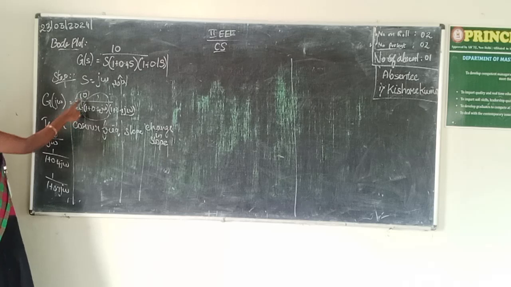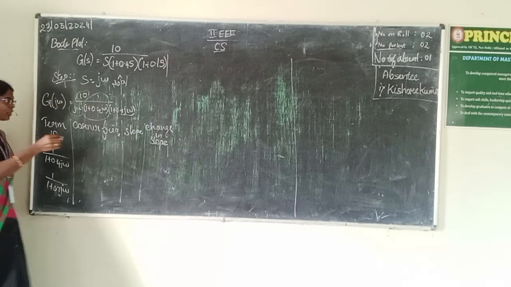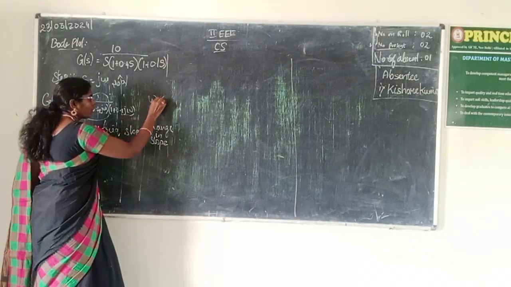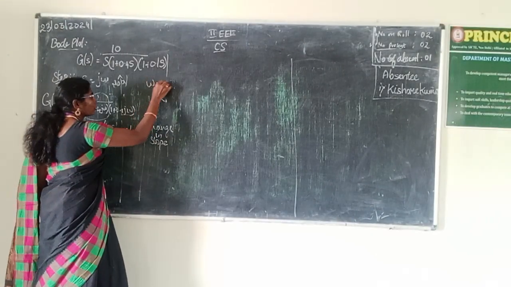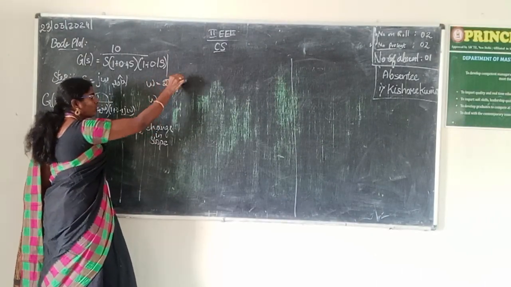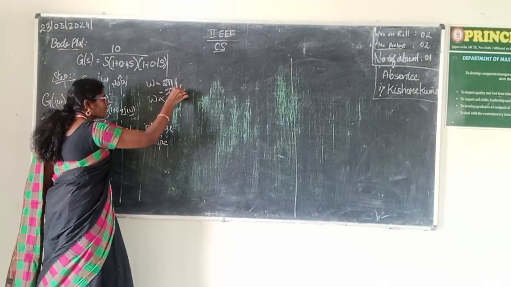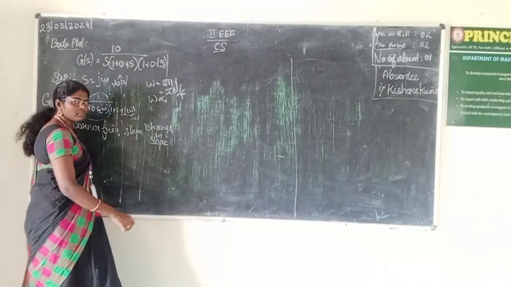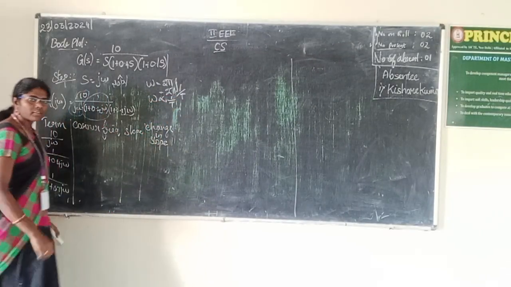So here 10 divided by j omega is the first term. Is there any time term t? We know that omega is equal to 2 pi into f, and frequency is the reciprocal of time, so omega is proportional to the reciprocal of time.